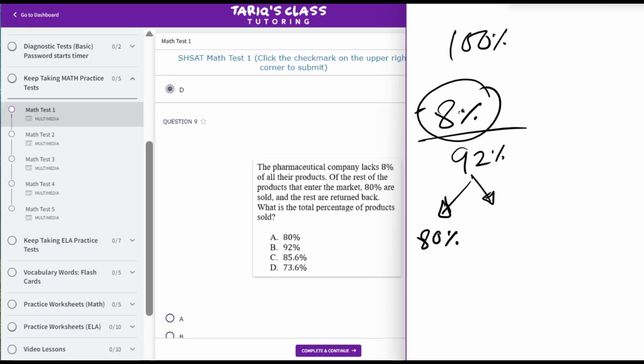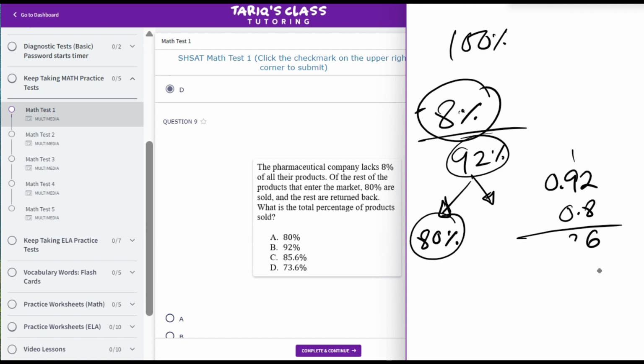What is the total percent of products that are sold? Okay, so 80% of this 92%. So 92% means 0.92, 80% means 0.80, or I can just say 0.8. So you just find 80% of the 92%. So 8 times 2, 16, 6, 3, so 7, 36.